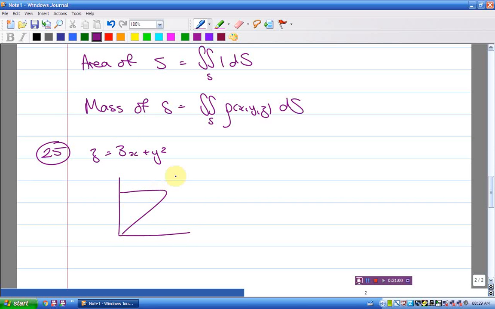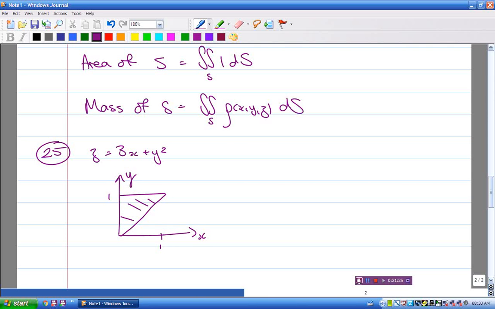Ooh, sorry. Am I right? 0, 1, 0, 1, 1, 0, yes. The z coordinate is 0 for all three of those points. This is a triangle in the xy plane.